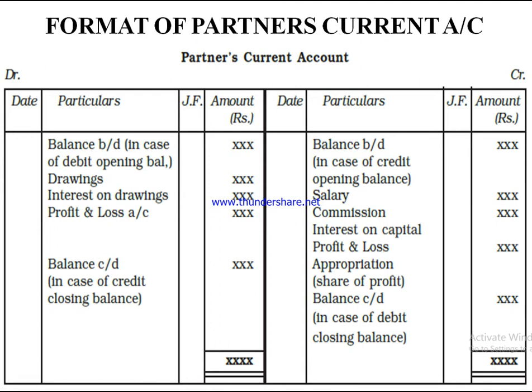As usual, the amount on the credit side will be more, so when we total and deduct all the expenses from this amount, we get a balancing figure. We can call it the balance carried down, right? So this is the format of the partner's current account. So in the fixed capital method, we are preparing two accounts, the partner's capital account and the partner's current account.